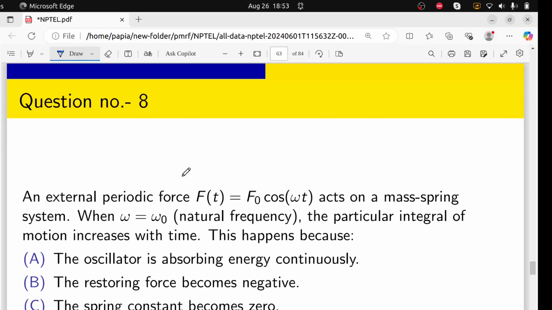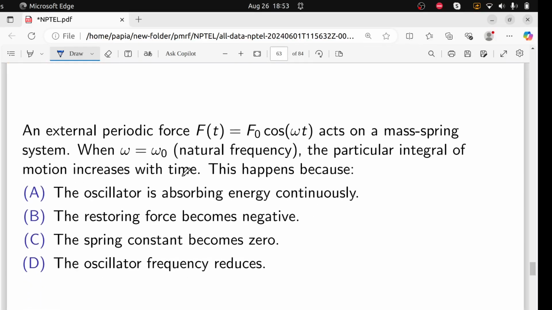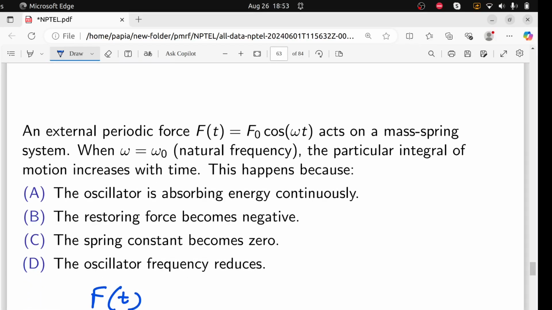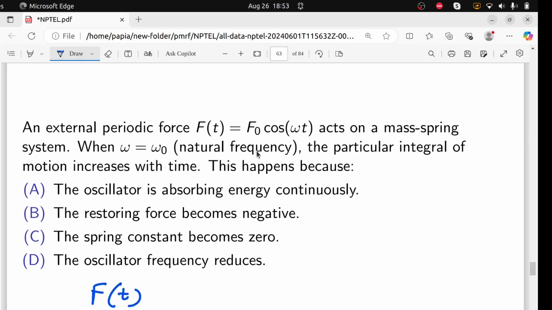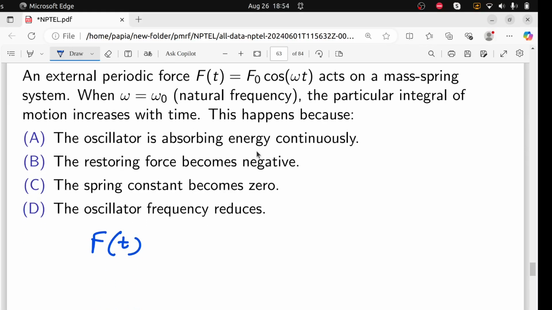Now come to question number 8. An external periodic force F(t) equals F0 cos omega t acts on a mass spring system.